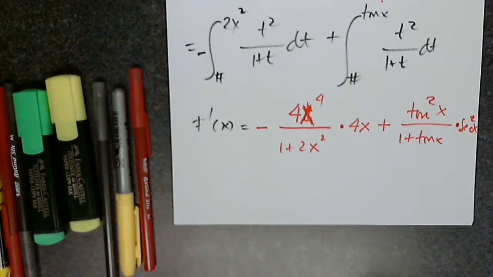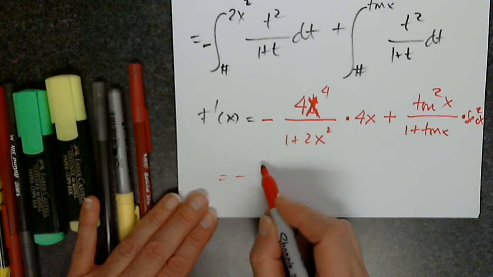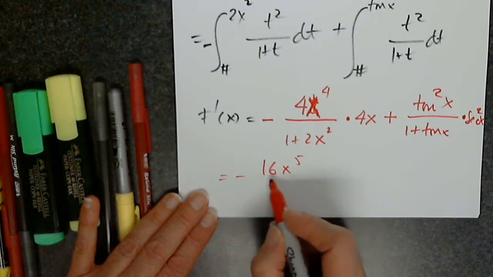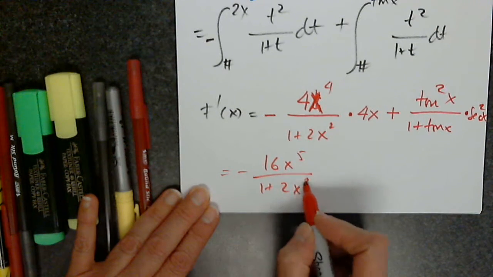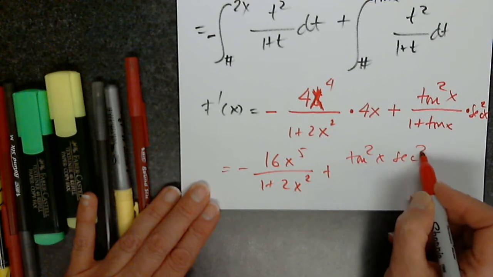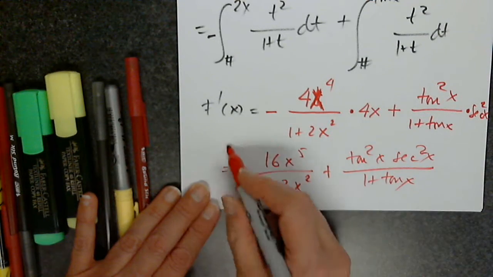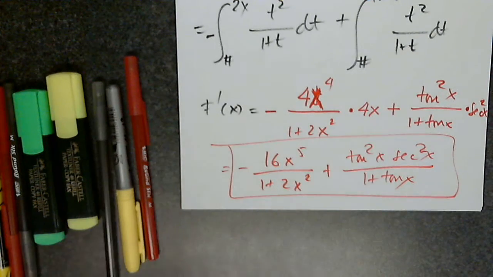This is it. Of course, you can rearrange it a little bit, but I'm fine. You know, negative 16x to the 5th over 1 plus 2x squared plus tangent squared secant squared over 1 plus tangent x. Okay, that one.